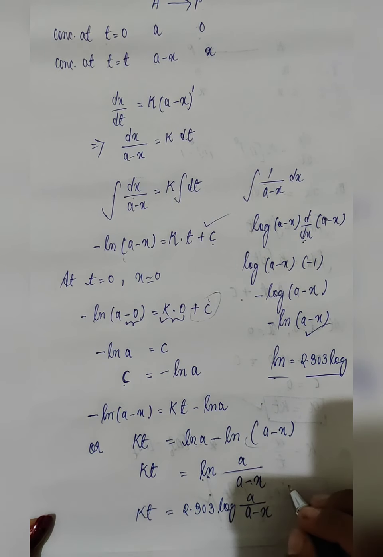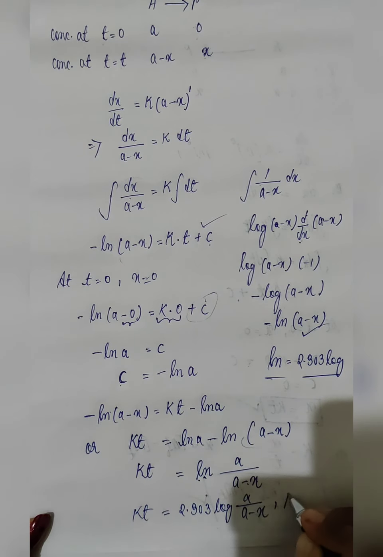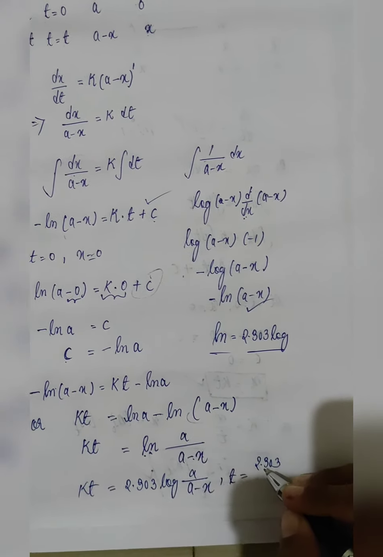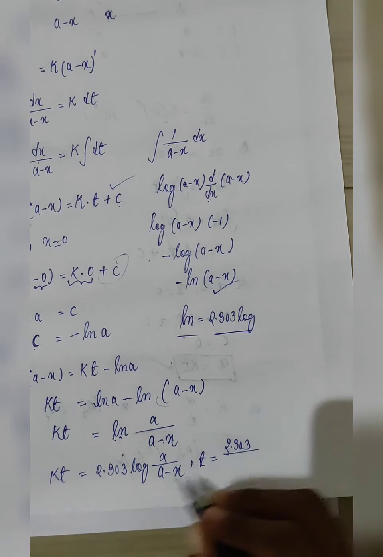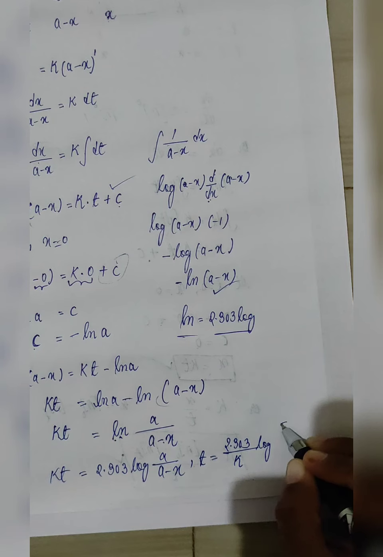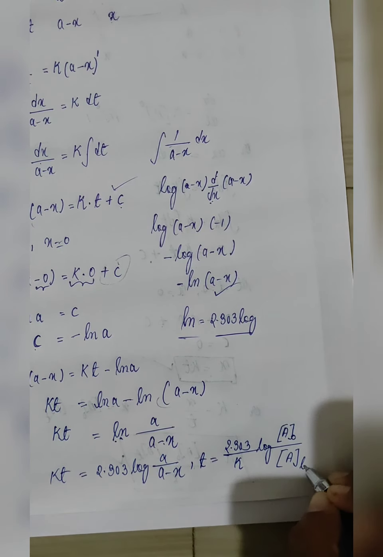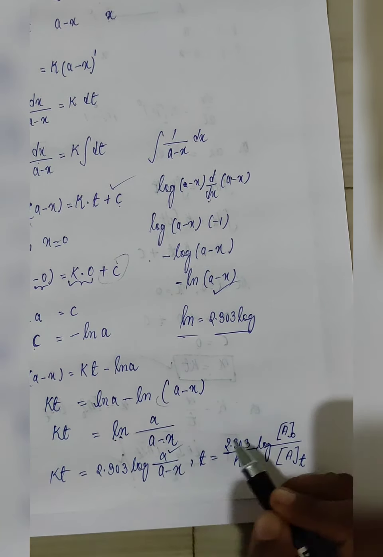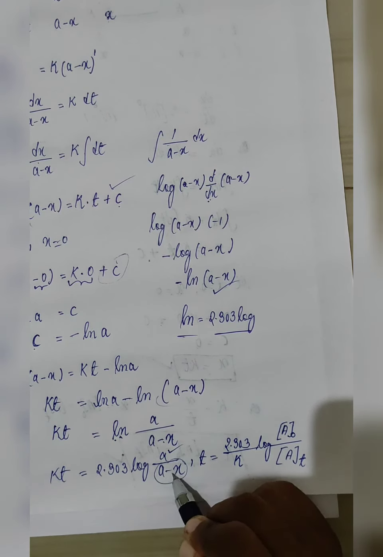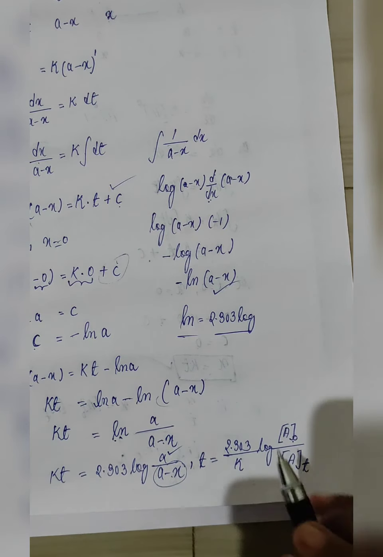So from here we can also write this as t is equal to 2.303, k will come to the denominator, log initial concentration by the final concentration, because A is the initial concentration and final concentration is A minus X. So in place of initial A we can write A naught, and in place of final we can write At.